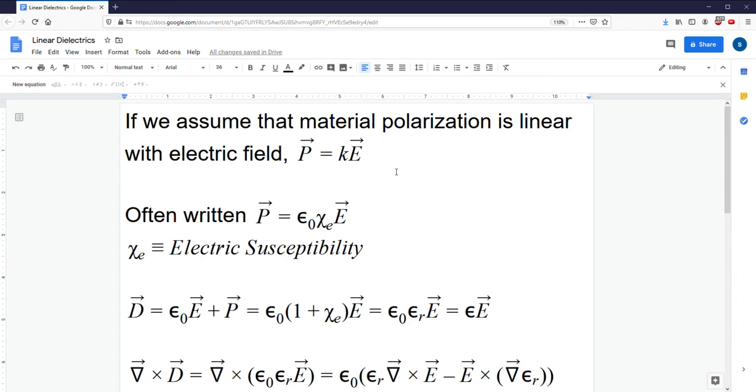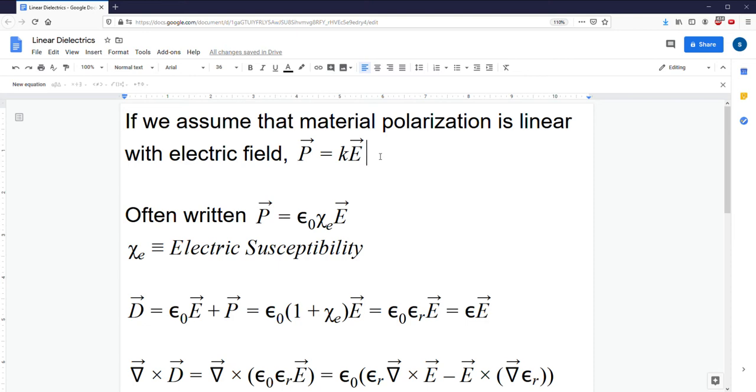We can apply a Taylor series to this and say that for very small electric fields, the polarization is linear with electric field. Now again, this is not always the case. It is especially common to have materials that have polarization that depends on the cube of electric field.